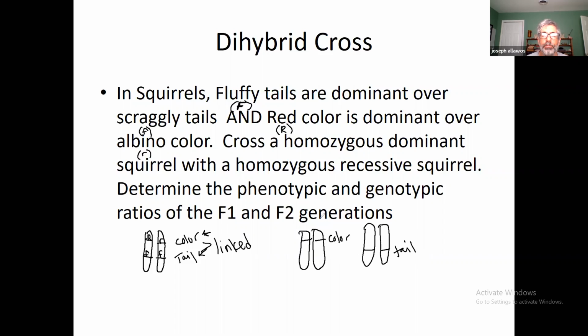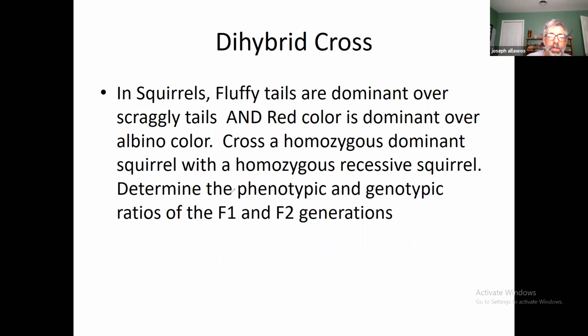So now let's see if we can, from these words, figure out the parents' genotypes that we're going to cross together. Just be aware that they're not linked. There are 2 chromosomes controlling color and 2 controlling the tail trait for each parent.